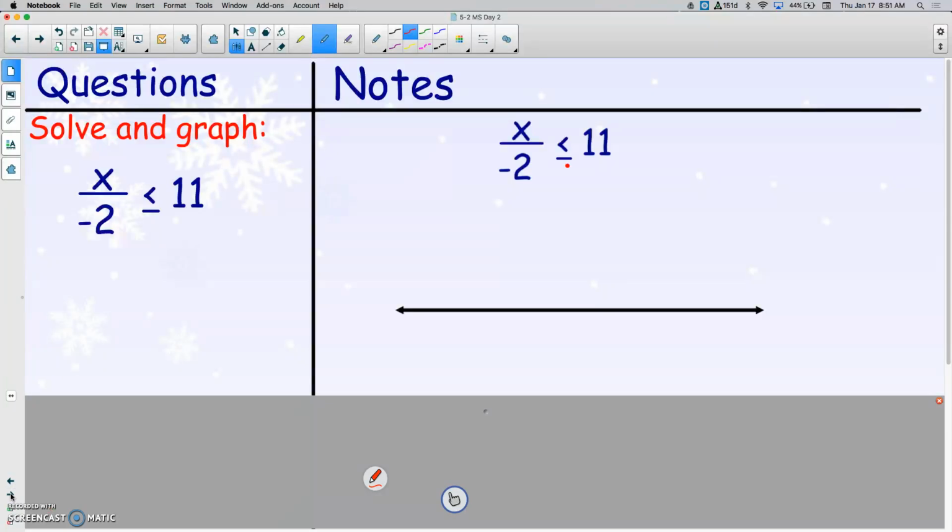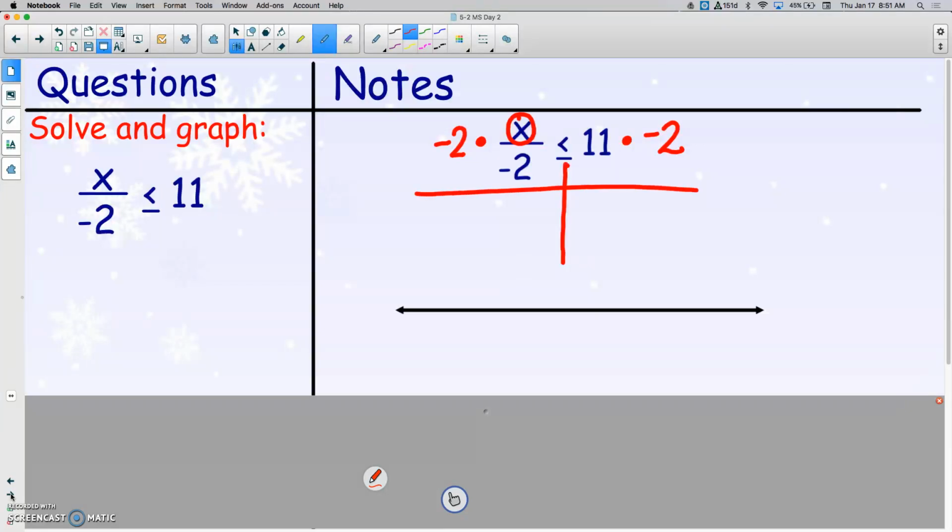So this inequality, circle my variable, says x divided by -2 is less than or equal to 11. The inverse of dividing by -2 is multiplying by -2. So I'm going to show that by using a dot for multiplication like this.